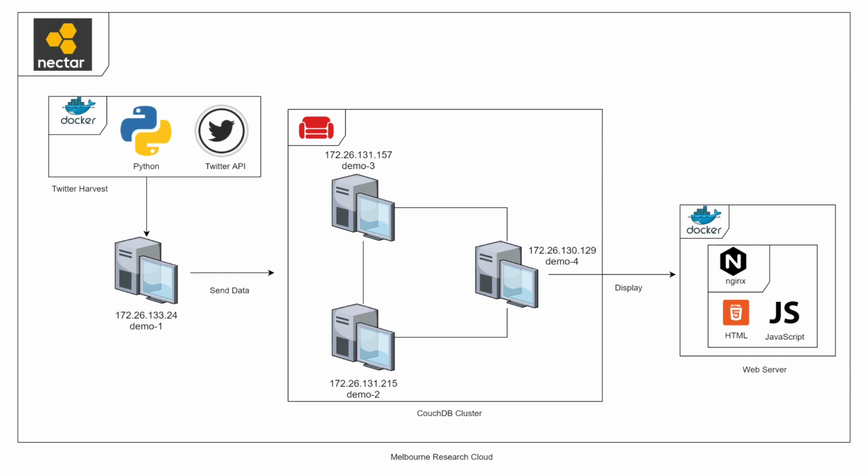The rest of the 3 instances consist of the CouchDB cluster to save data. Finally, we can focus on Demo 4. It's set as a CouchDB member. A web server is deployed at this instance for visualizing the analysis results.